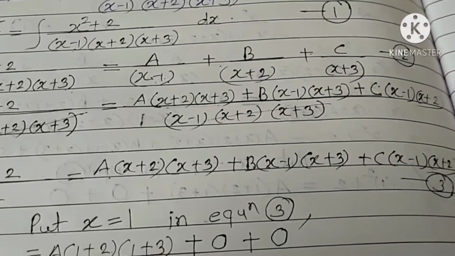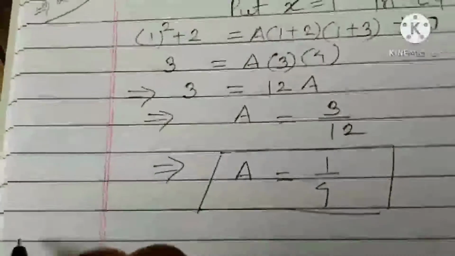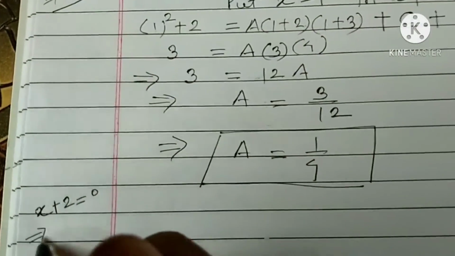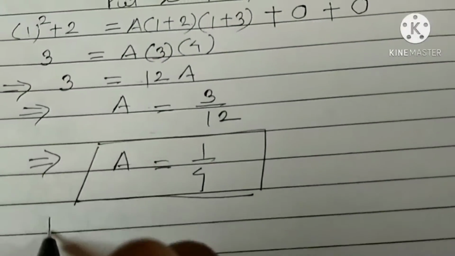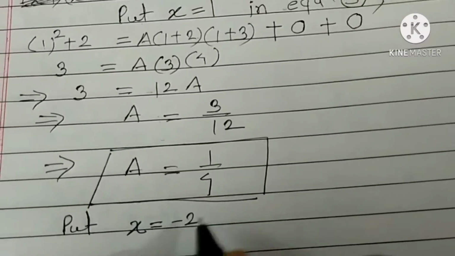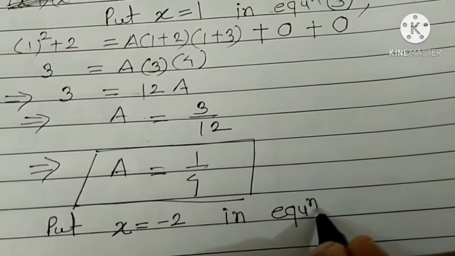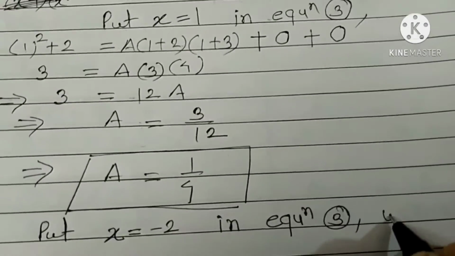Now next, from equation 2, we want to find b. So here take x plus 2 equal to 0. This implies that x is equal to minus 2. So now put x is equal to minus 2 in equation 3, we get.